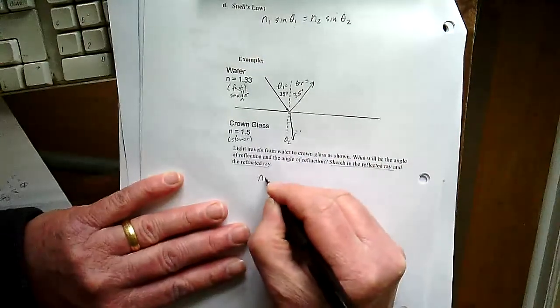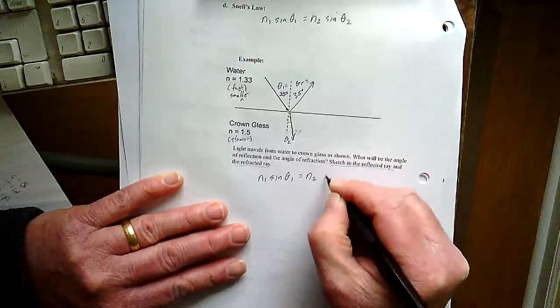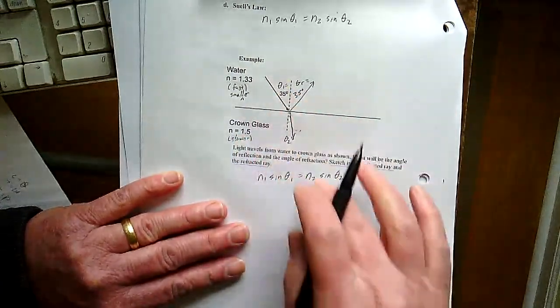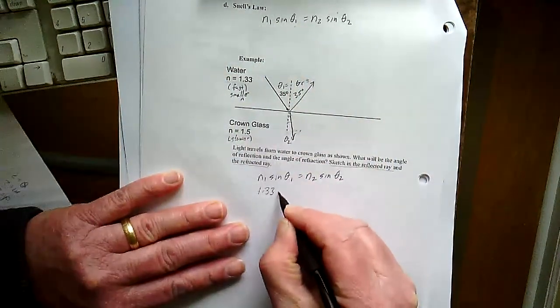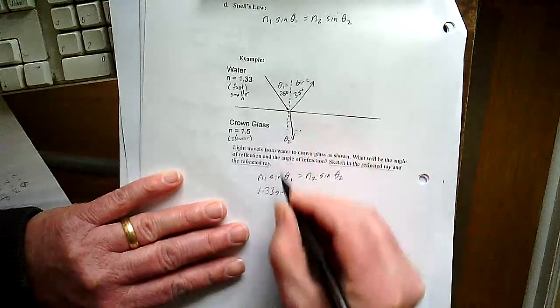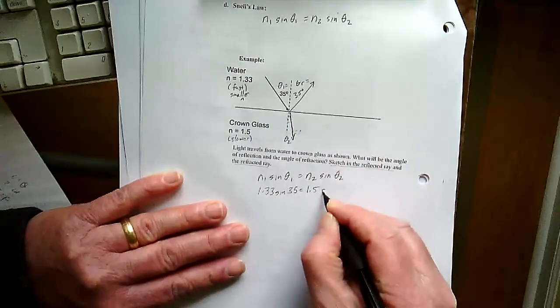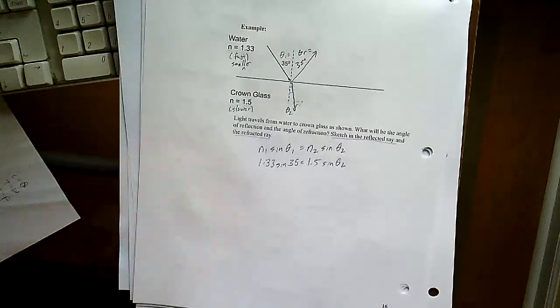So N1 sine theta 1 is N2 sine theta 2. So 1 is water, that's my first material. So 1.33 sine of the angle in the water, which was 35, equals 1.5 sine theta 2. Now I just need to solve.